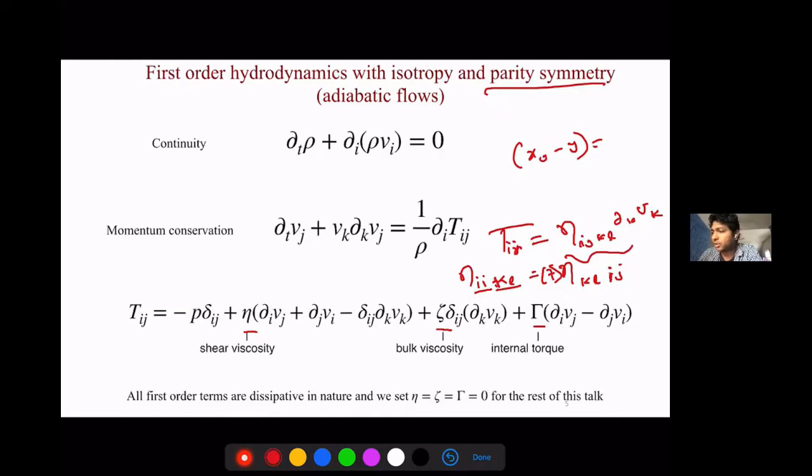So all these coefficients that I'm talking about arising in this eta_ijkl are symmetric under the exchange of the first two and last two pair of indices. But in the coefficients that I will be talking about with the superscript H in it, you will pick up a negative sign with the switch of the first two and last two indices, which is an indication that there is a parity odd structure in the symmetry.